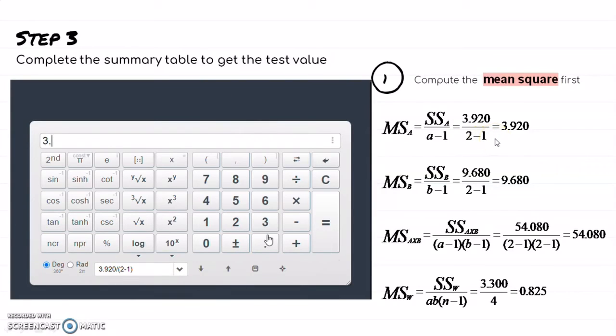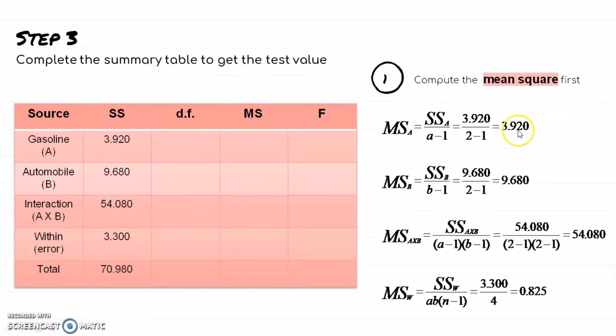Okay, so the answer is 3.920. Okay, untuk mean square B, sum square B divide by B minus 1. Sama juga, kita ambil value untuk sum square B kat table, iaitu 9.680 divide by B equals to 2 minus 1.